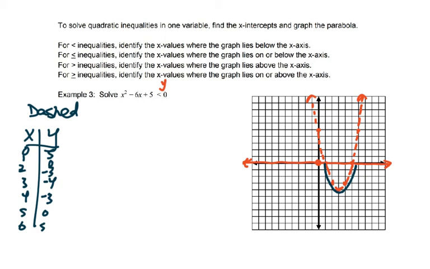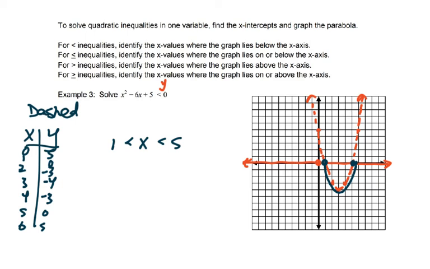It's saying really what x values is it between, and that is it is less than 0 between 1 and 5. So x is greater than 1 or less than 5. It is less than 0. And it has to be these symbols because it didn't have an equal to before. So it is less than 0 between 1 and 5.